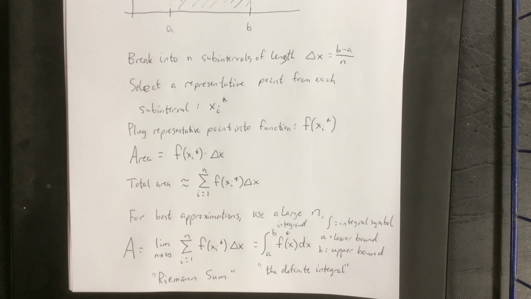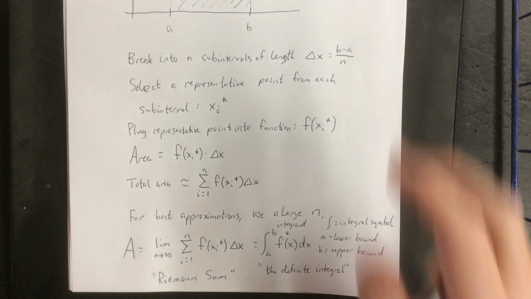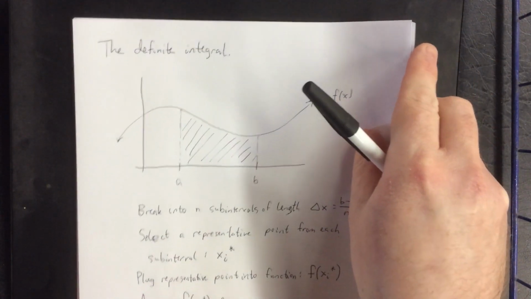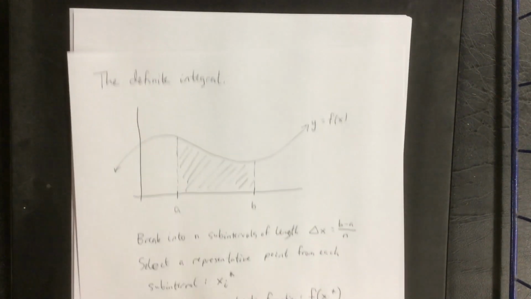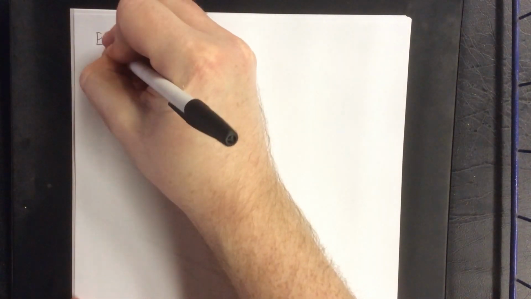There are a number of different ways to evaluate definite integrals. The first way is to set it up as a Riemann sum and evaluate the Riemann sum.